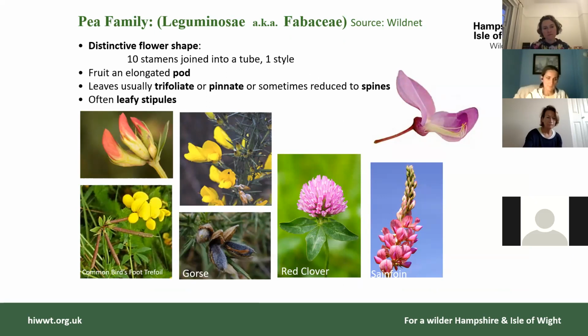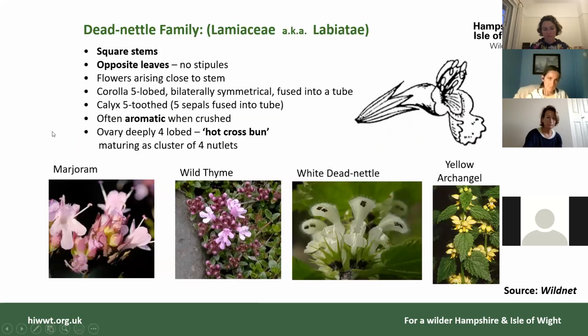We've got sainfoin, lots of different members of the pea family. So really distinctive flower shape. And if you wanted to look at it further, they've all got 10 stamens, joined into a tube, and various other things that are common to that particular family of plants.